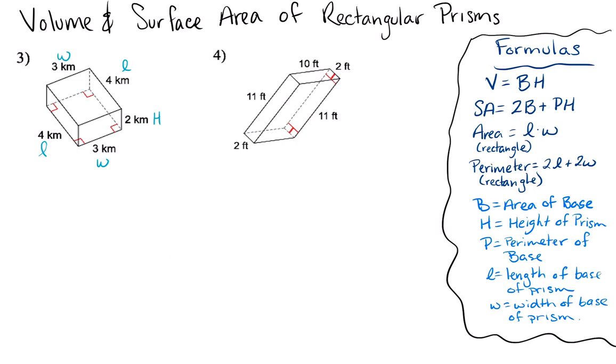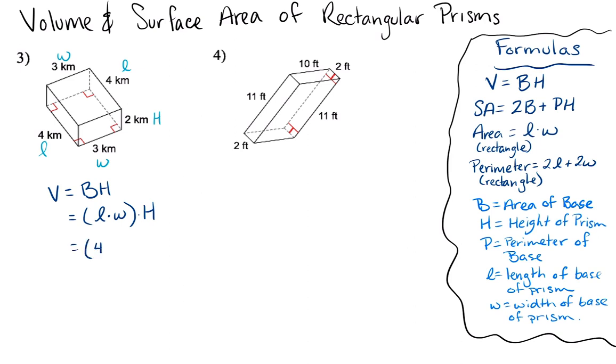Now when we go to calculate the volume as the area of the base times the height of the prism, we can rewrite this and say that the area of the base is going to be the same as length times width, which will then get multiplied by the height. Okay. Now we can start substituting in values.